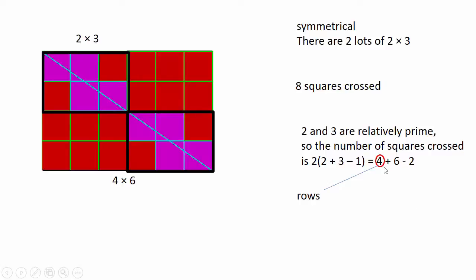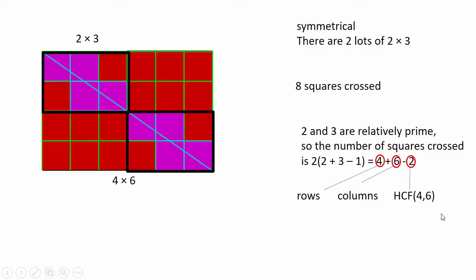There's our number of rows, number of columns. Can you see any connection between the 4 and the 6 and the 2? It might be a bit difficult at this stage. That 2 is actually the highest common factor of the number of rows and columns. Think about it. What's the highest common factor of 4 and 6?